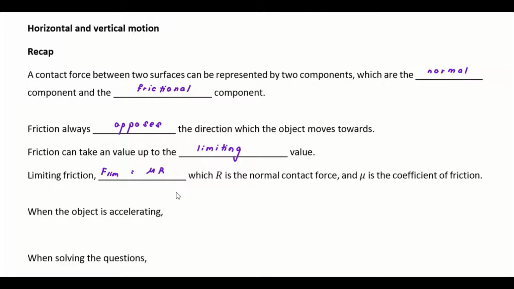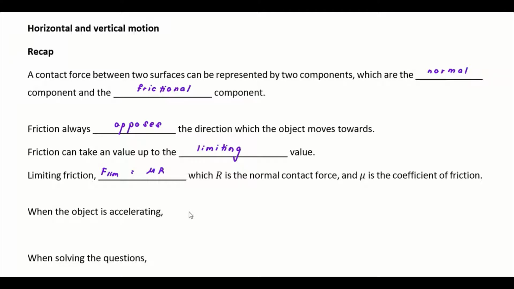When the object is accelerating, this is the main focus of our lesson. In forces and equilibrium, we learned how to deal with the situation where the object is at rest, moving with constant velocity, or in equilibrium or limiting equilibrium.